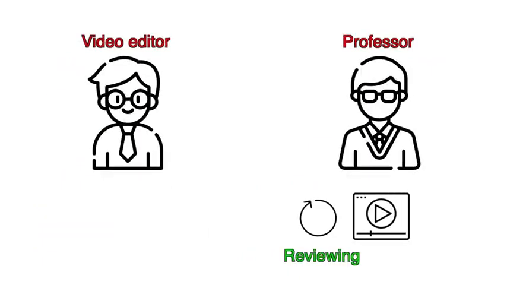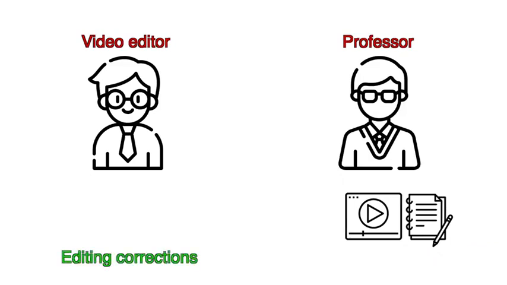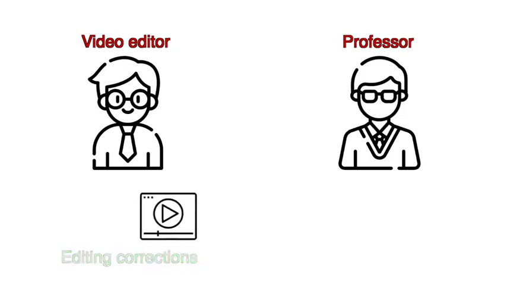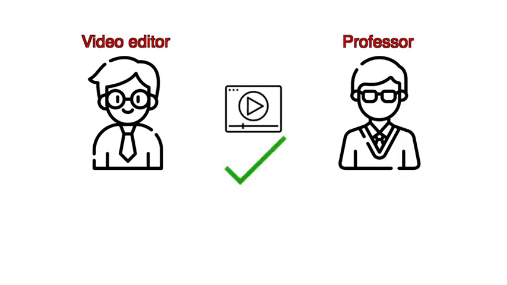If they see errors in what they've said or little mistakes in the editing, they let us know, and we use a special program for that, which we can talk about later. This back and forth process normally happens 2 or 3 times, maybe more, depending on how many small minor errors need to be corrected. But typically 2 or 3 times, and then the video will be approved.